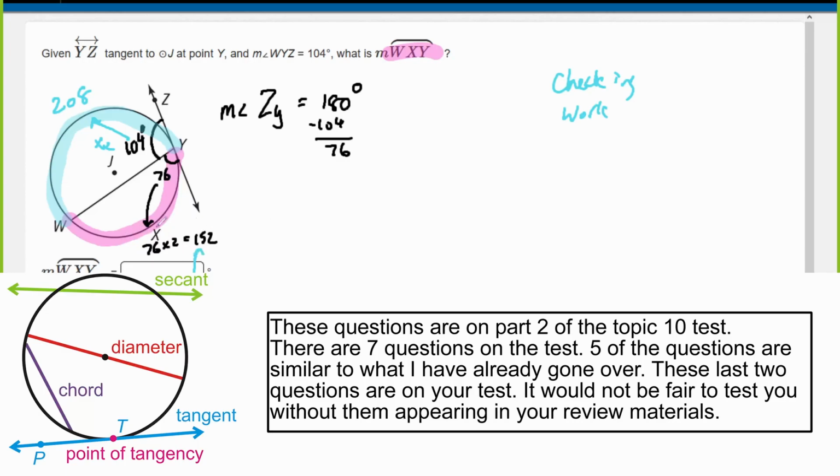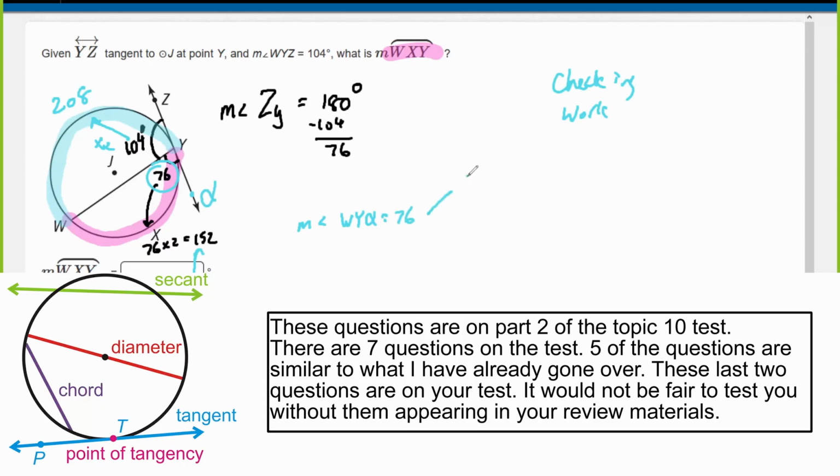And I know if I want to go from outside in, I divide by 2, and that's going to be 76. So using the linear pairs theorem, I found that WY, and we don't actually have a point here, so let's just call it alpha. The measure of angle WY alpha is 76, and I found that two ways.